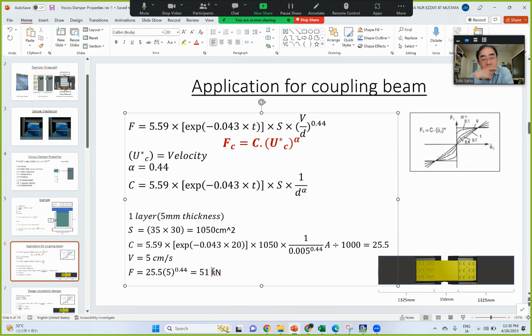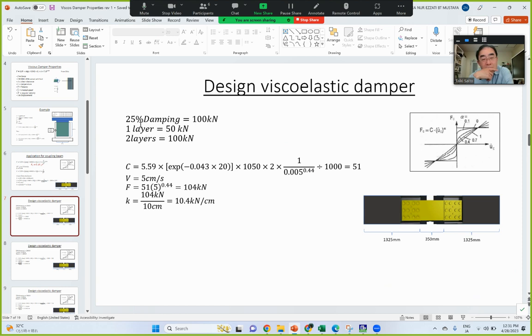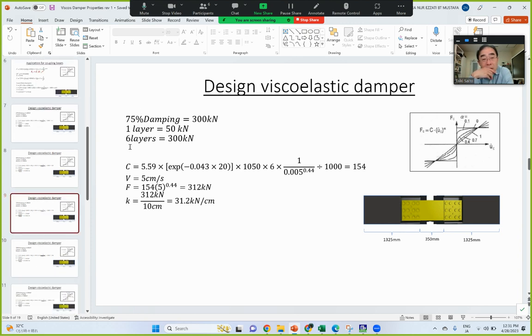So if 10% is 40, we can use one layer. If we want to use 25%, which is 100 kilonewtons, we can use two layers, and so on. If we use 50, we can use four layers, and if we want 75, we can use six layers, which is around 300 kilonewton.